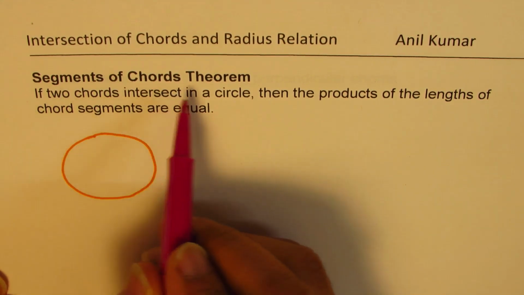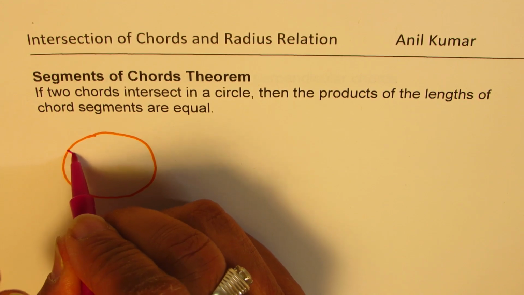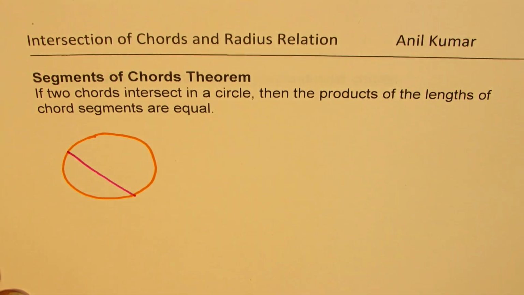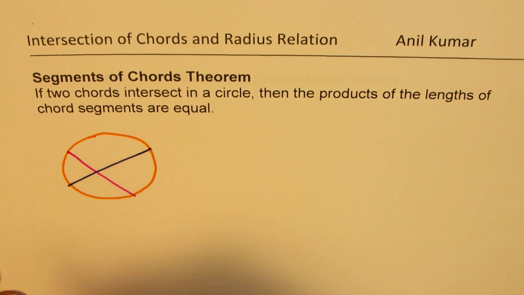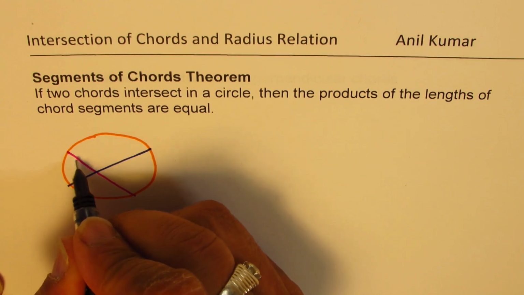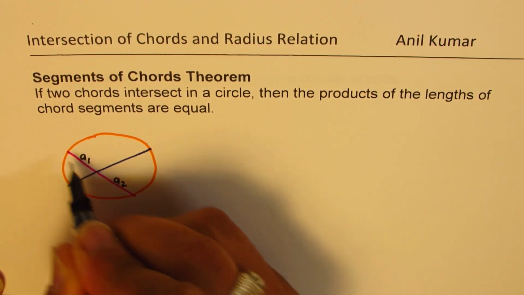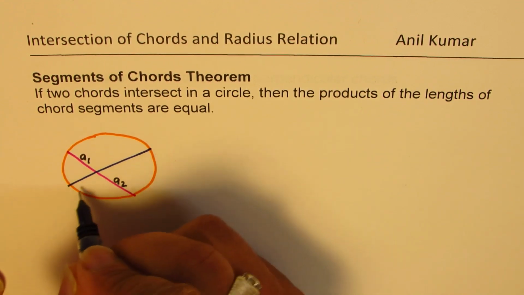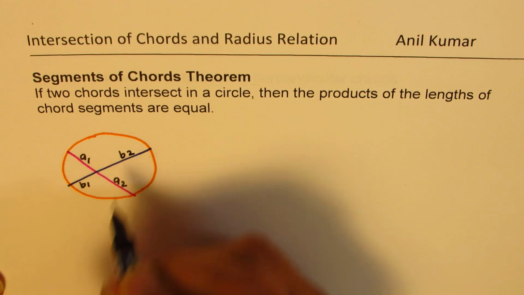The segments of the chord theorem is a general theorem. It is applicable to any chords. So if I have two chords here, let's say these are the two chords, and let's say this chord's segments are A1, A2. So this is one chord. The other chord shown in blue, let's say the chord segments are B1 and B2.